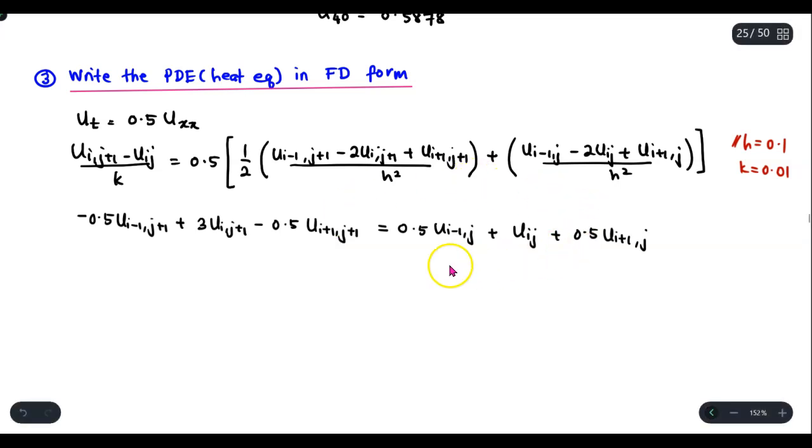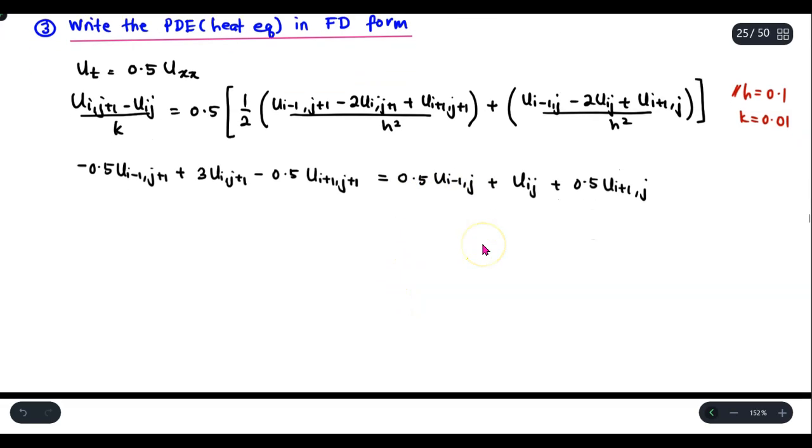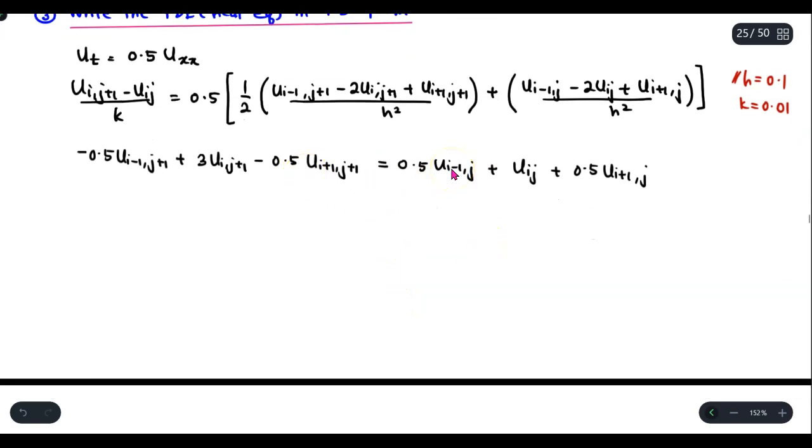The same thing at your right hand side, all of them are level j, but in terms of i, we put i minus 1 first, in the middle is i and at the right is i plus 1. All right, so this is your heat equation in finite difference form with the Crank Nicolson scheme.